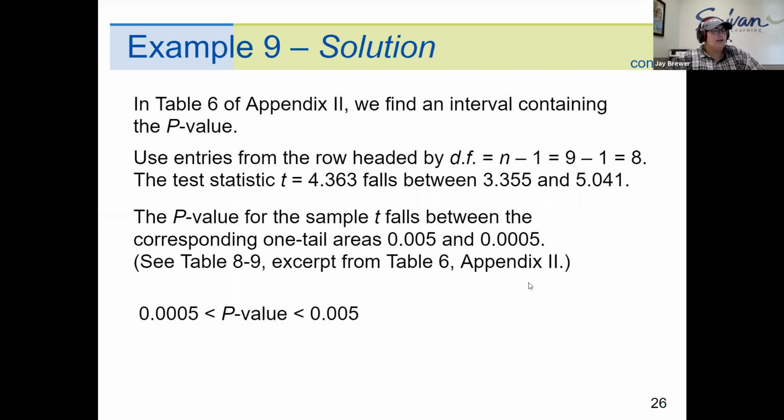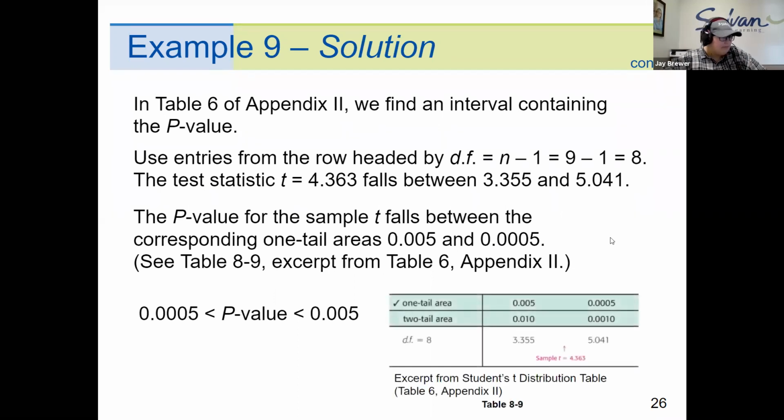The p-value of the sample t falls between the corresponding one-tail areas 0.005 and 0.0005. See Table 8.9, an excerpt of Table 6 in Appendix 2, if you can't follow that. There you go.